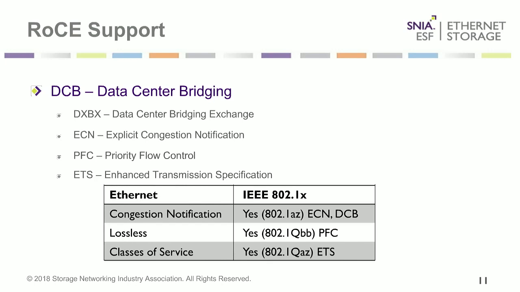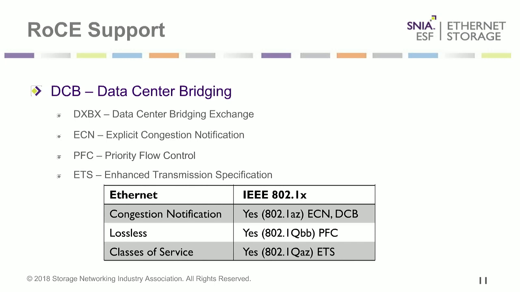ECN-capable switches detect when a port is getting too busy and mark those packets, so that when they are received, the NIC sees that there is possible congestion, and in turn backs off on the sending rate to temporarily prevent congestion from occurring. Once the risk of congestion is removed, the sender will resume full-speed data transmission.